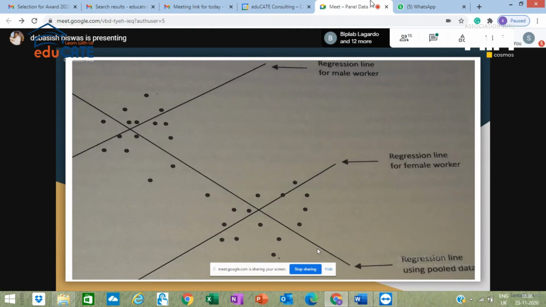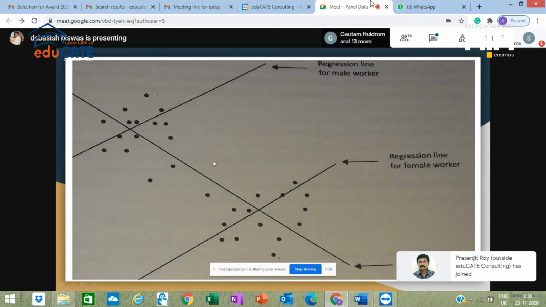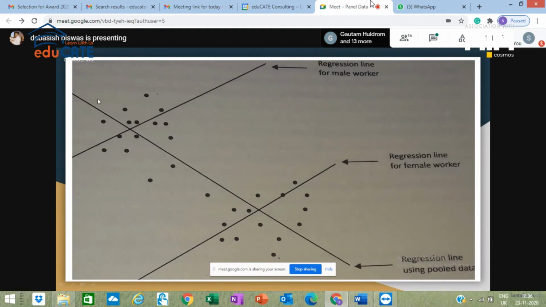That is your mistake. Because you have drawn your pooled regression equation in this way, because here the least square method principle is applied. Generally in our BCom class or MCom class, what we do is the pooled regression.